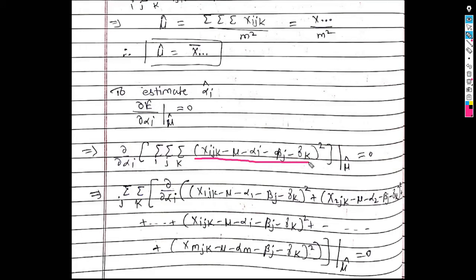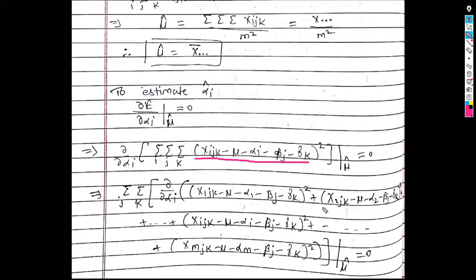In the next step we get del upon del alpha i of the bracket. Now we want to simplify the summation over i.